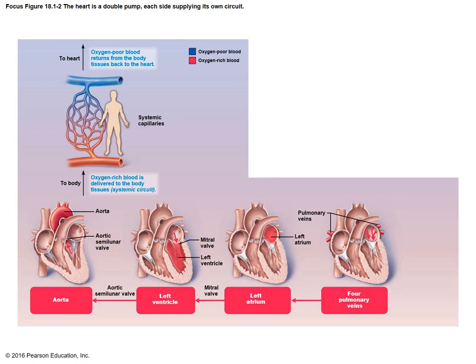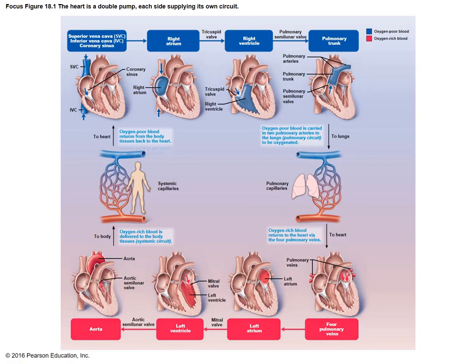It is going to then come back from the lungs to the left atrium via the pulmonary veins, through the mitral or bicuspid valve, you can use either name, to the left ventricle, through the aortic semilunar valve, to the aorta, to the systemic circulation, and then start all over.